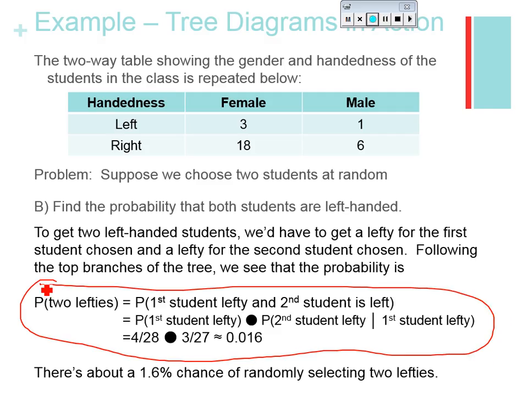But if we're choosing two students that are left-handed, we're basically trying to find the probability that the first student is left-handed and the second student is left-handed.